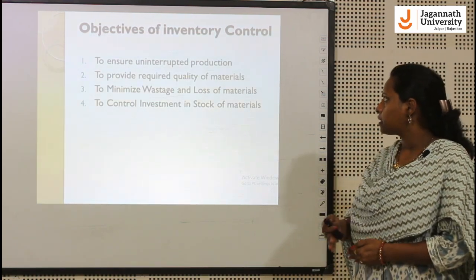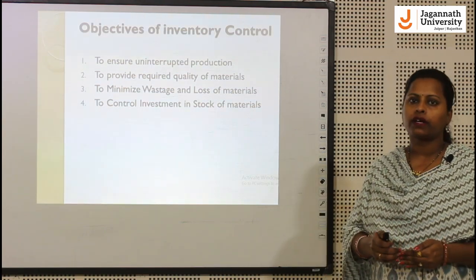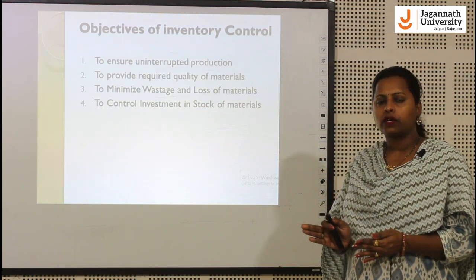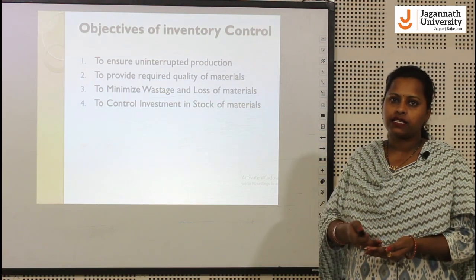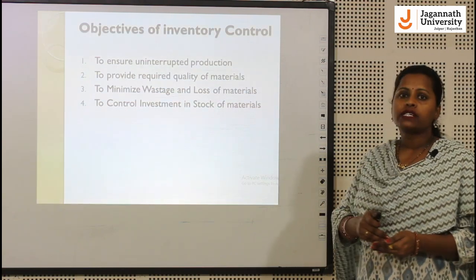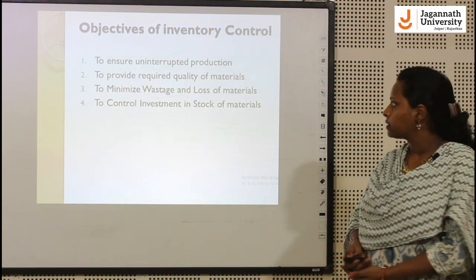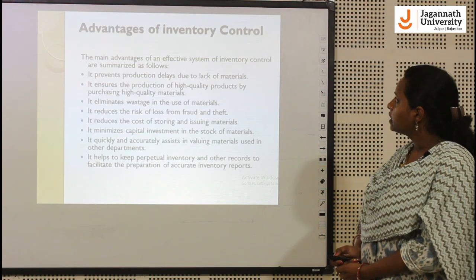To minimize wastage and loss of material, we should not order in a large quantity. We should order in a lesser quantity. To understand this concept further, we will study the ABC control technique, the VED analysis, the SDE analysis, and what is the maximum order level and the minimum order level, which we will discuss in the order levels. And to control investment in stock of materials. So these are the objectives.